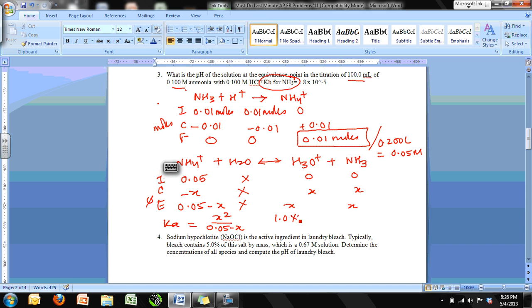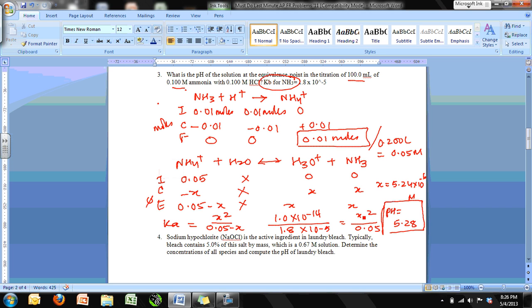So it'll be 1 times 10 power negative 14 divided by 1.8 times 10 power negative 5 is equal to X squared over 0.05. We can ignore the X. And then when you solve for X, you get 5.24 times 10 power negative 6 molarity, and the pH comes out to be negative log of X, which is 5.28.